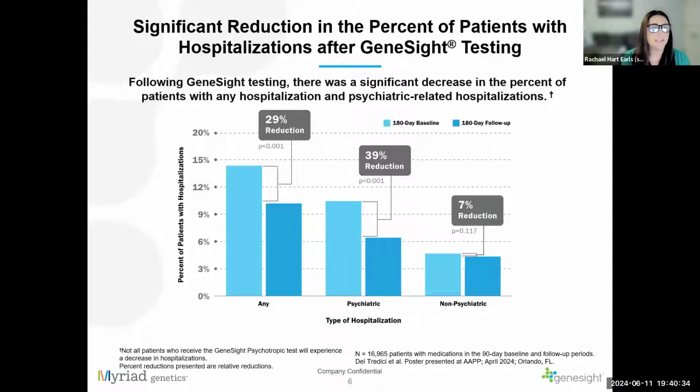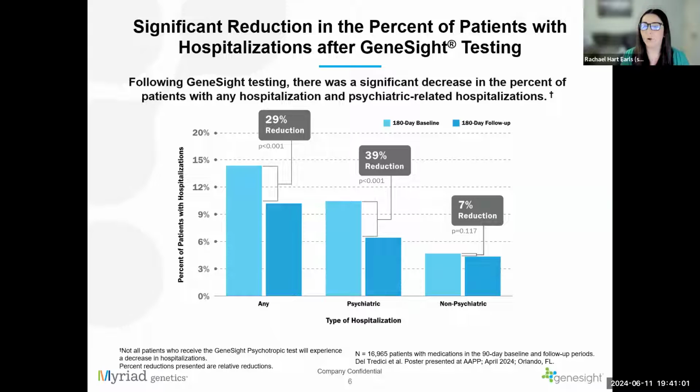There was a statistically significant relative reduction in psychiatric hospitalizations following GeneSight testing. We see a 39% relative reduction here, and we do not see a significant reduction in non-psych hospitalizations. So again, what this tells us is following GeneSight testing, there was a significant decrease in the percentage of patients with psychiatric hospitalizations.